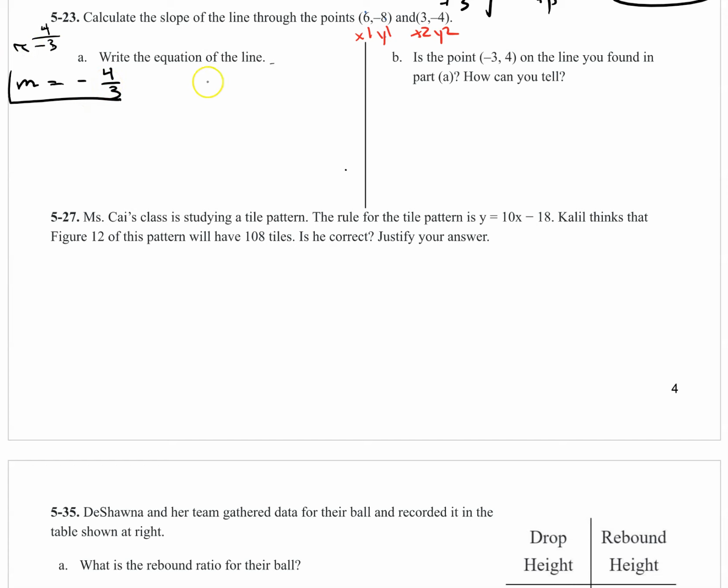Alright, and next we need to pick a point and make an equation. This is M, this is an x coordinate, this is a y coordinate, and our equation for a line is y equals mx plus b. So what do we do? We plug in 3, leave b.